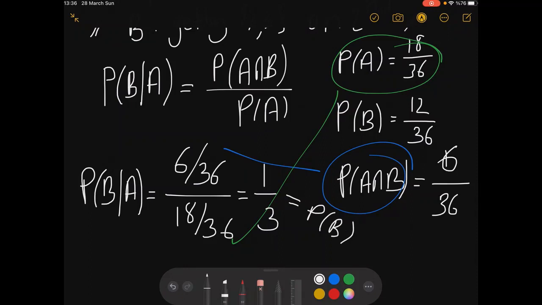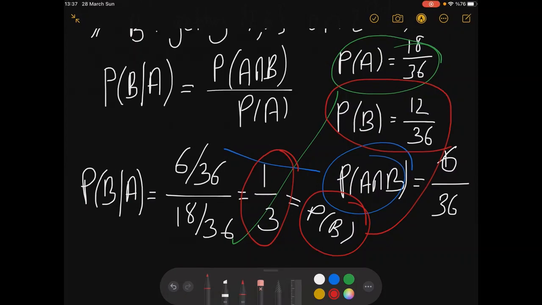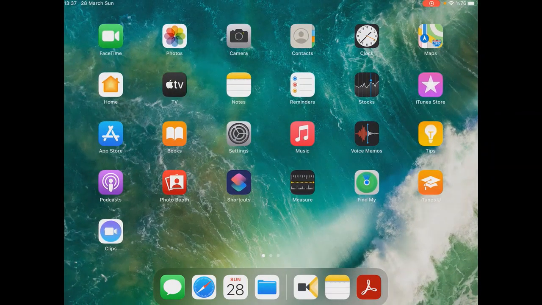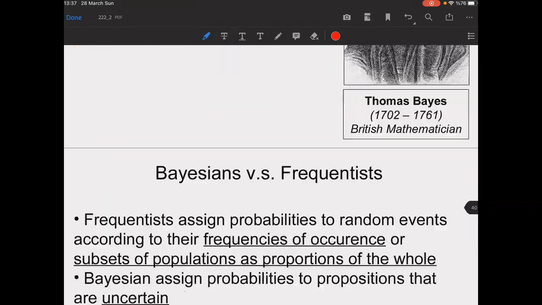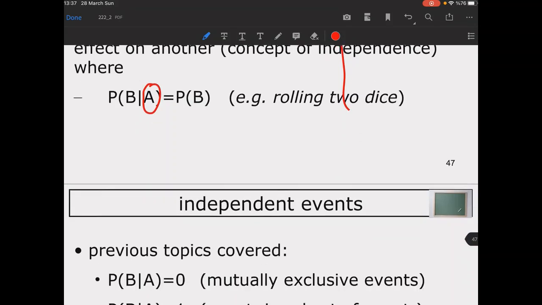which is your probability of B. In fact, look at this. This is directly equal to the probability of B. If you can write the equation like this, if this equivalence holds, it means that A and B are independent events. So they do not affect each other. That's the idea.